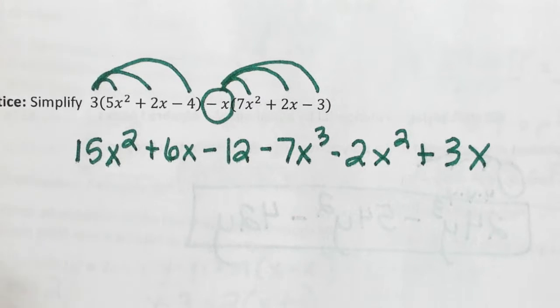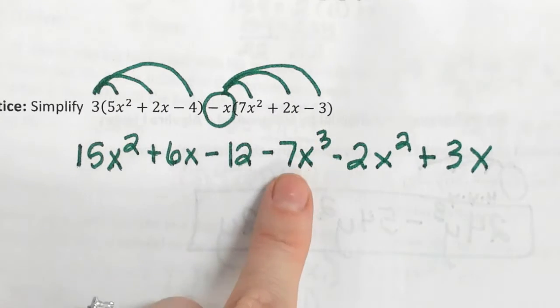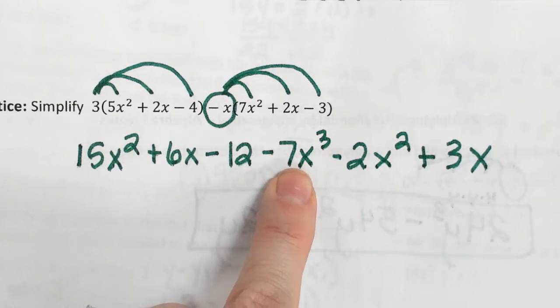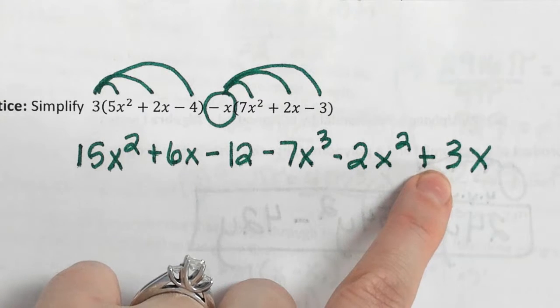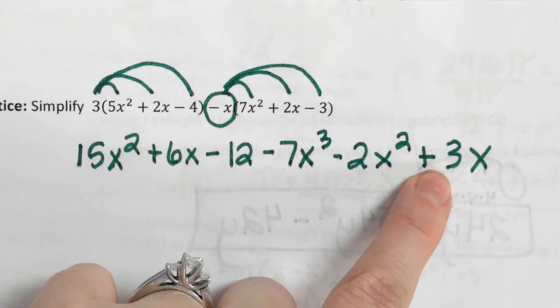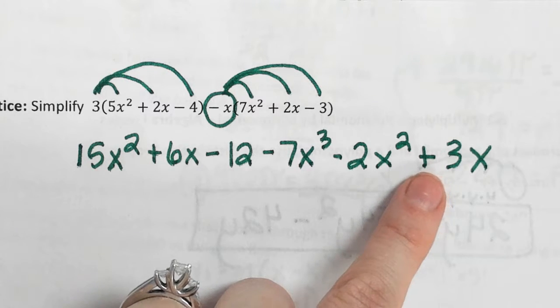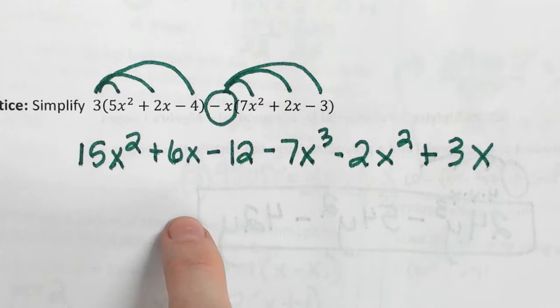Okay, so first double check these signs. I have minus 7x cubed minus 2x squared plus 3x. Okay? So now I'm writing my answer in standard form. What's going to come first?